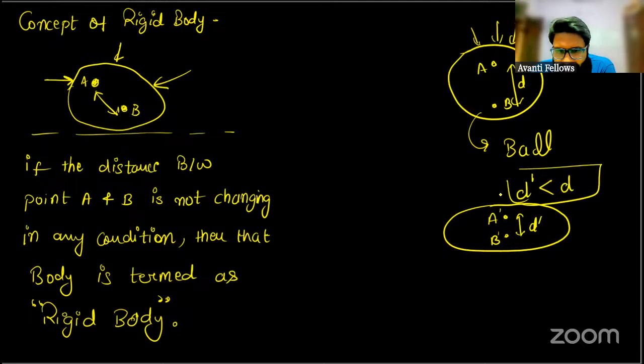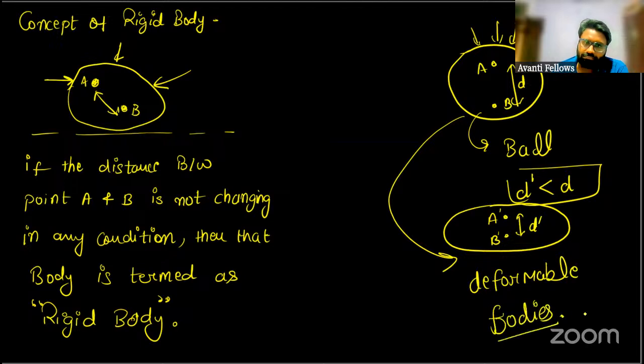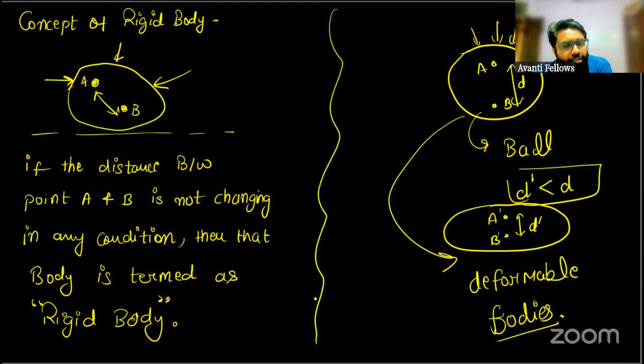Clear? So what will we call these types of bodies in daily life? The bodies, the objects we engage with in daily life are called deformable bodies, which can easily deform. So you have to remember this concept of a rigid body.